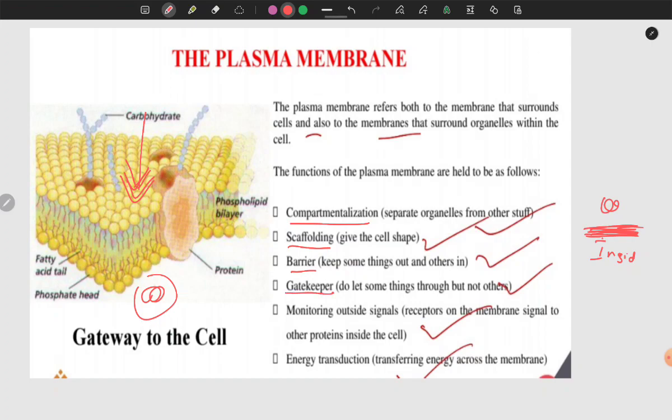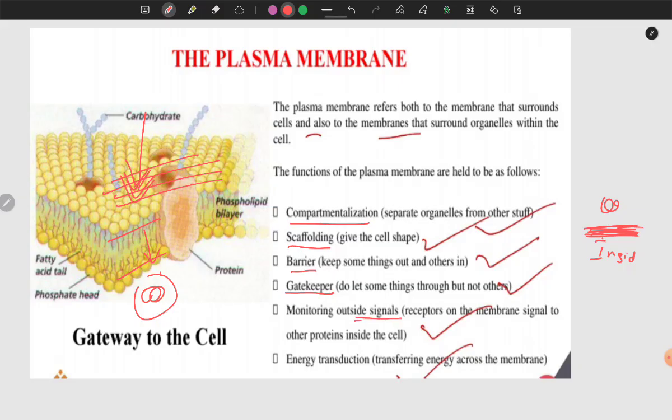And it is like a gatekeeper. It doesn't allow everything to enter the cell. It filters: whatever is needed, it allows, and the rest gets stopped in the plasma membrane layer. It works as a monitor of what is outside, and receptors on the membrane signal to other proteins inside the cell.